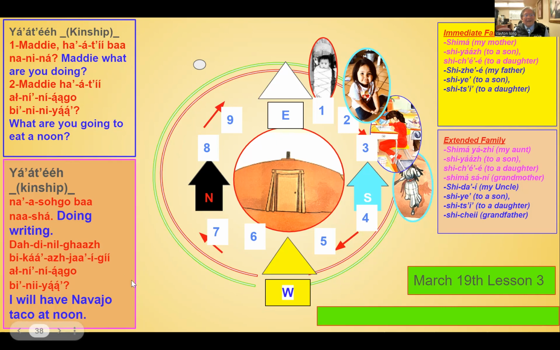Now, that was interesting how we didn't have, you know, Navajo taco. Do you kind of wonder why that was not a Navajo word at the beginning before it was Navajo taco?